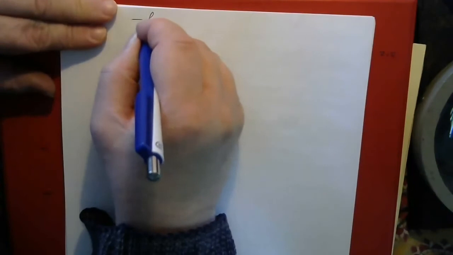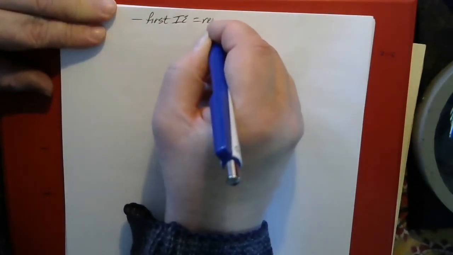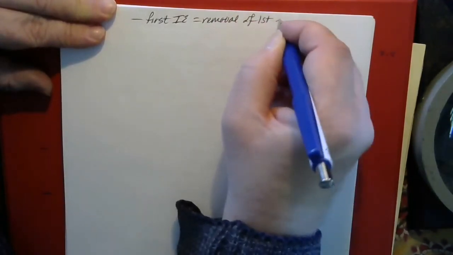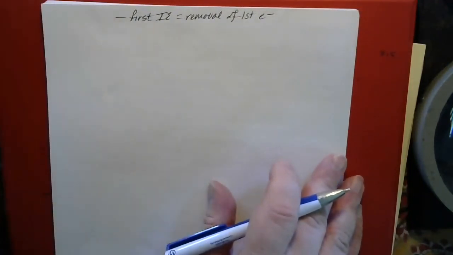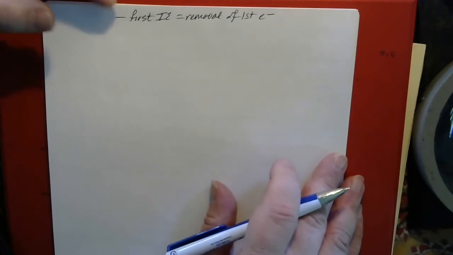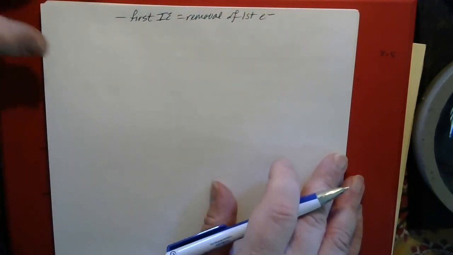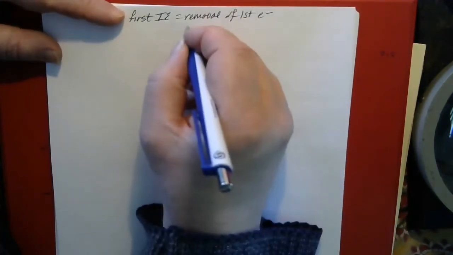And there are also multiple ionization energies. There is a first ionization energy for any given element, which corresponds to the removal of the first electron. And that first electron will come from the highest energy orbital in the highest shell number.